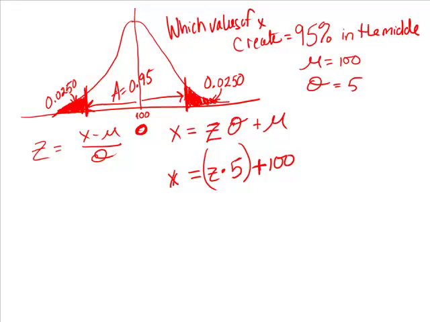Well, looking at my tables, the negative side gives me this one. And what's the corresponding z-score for a 0.0250 probability? All right.